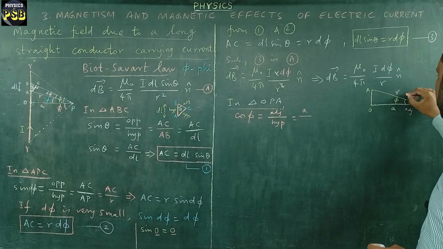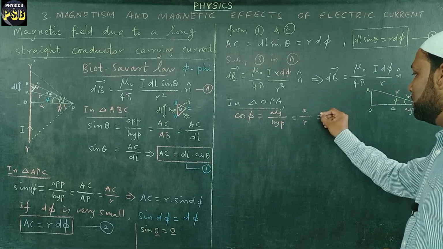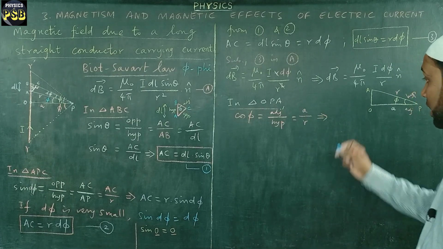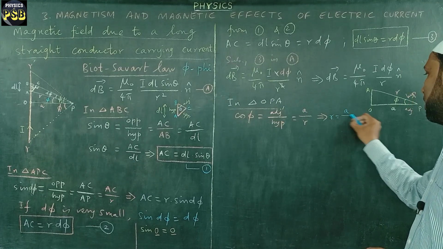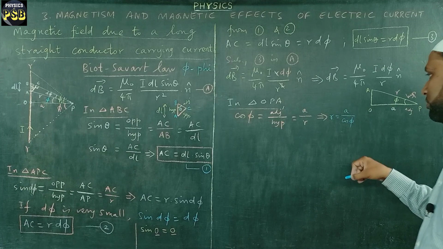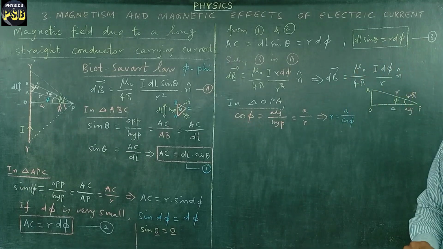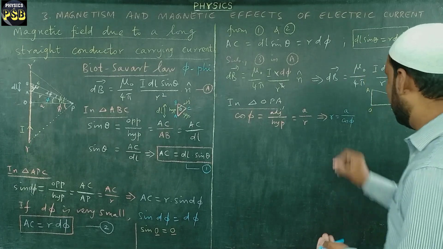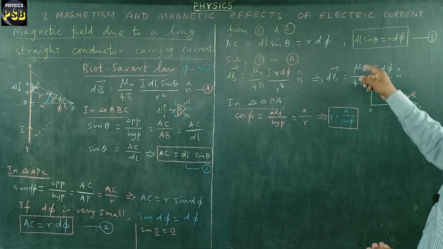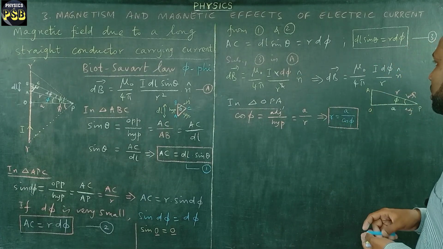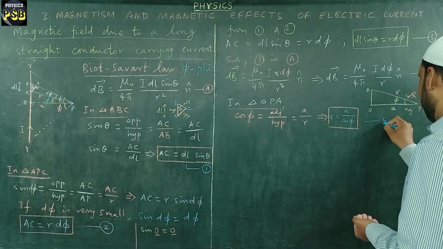And hypotenuse is nothing but this, and its value is R. So from this, if we cross multiply, we get the value of R equals a upon cos phi. Here R has gone to this side and cos phi has come down to the denominator. And we get this equation. I box this for better visibility. Now I got the value of R. Before substituting, I name this one as equation number 4 and this as equation number 5.